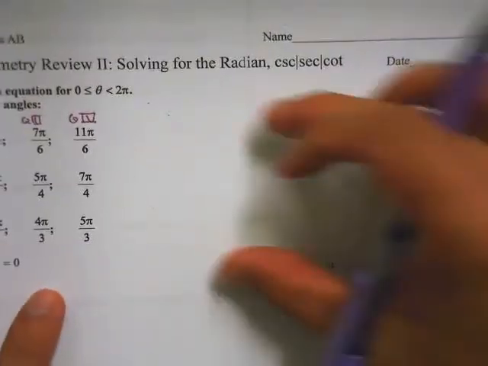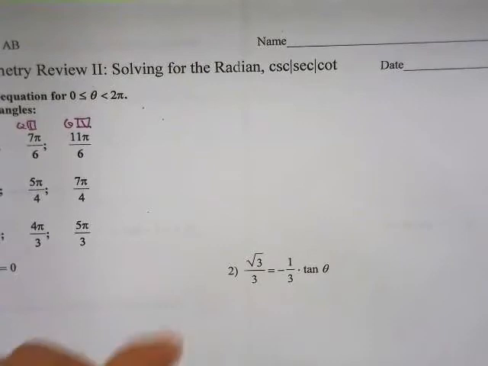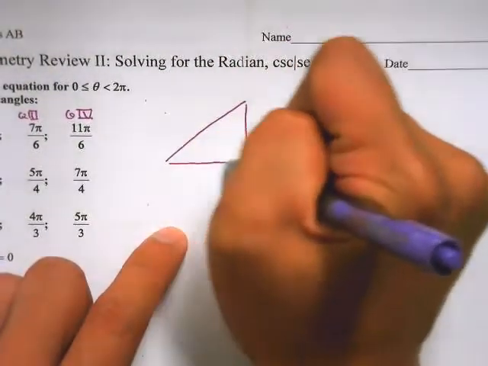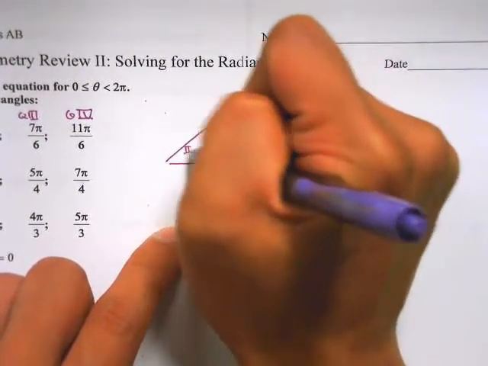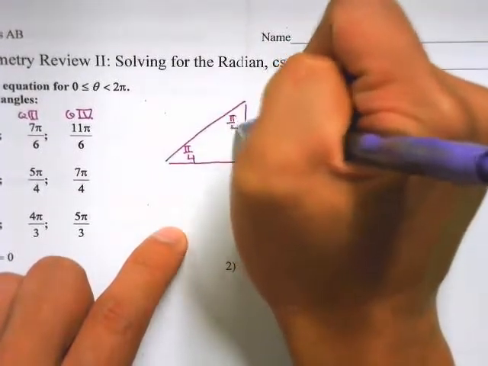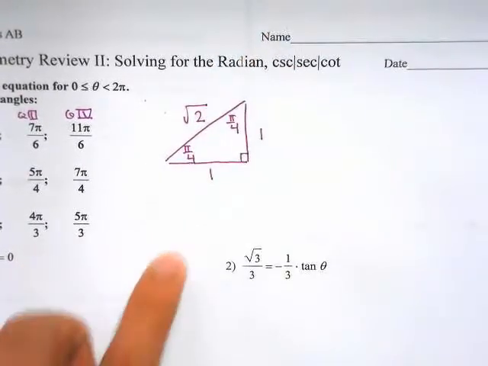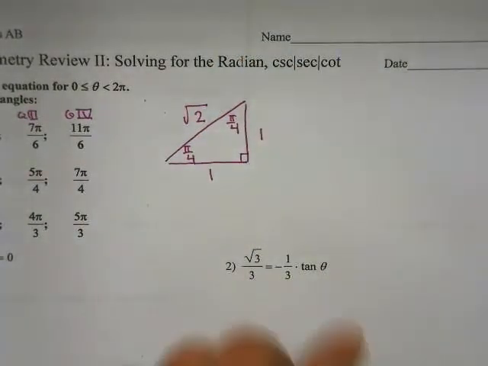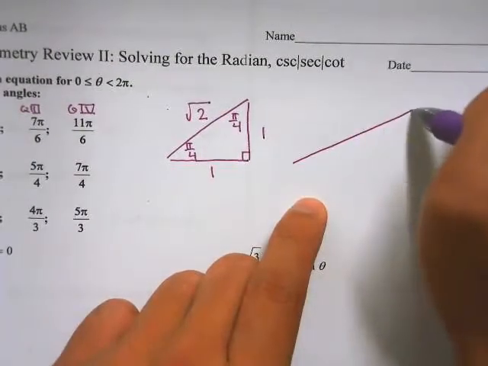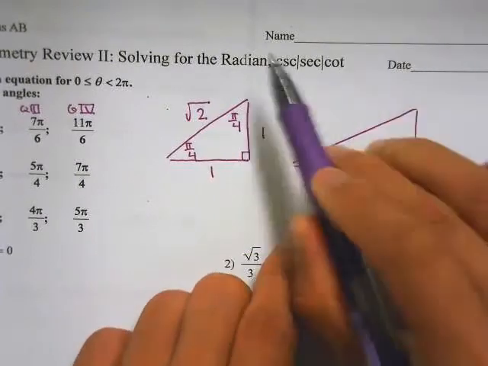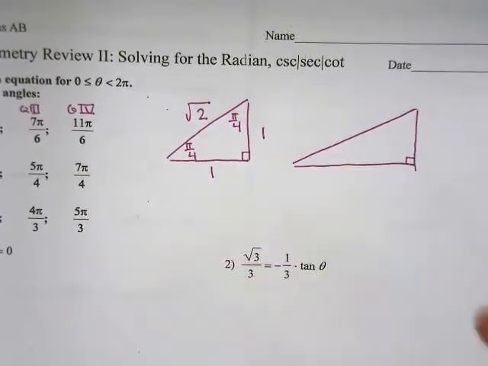Okay, so we're going to use all of this. I'm also going to draw my special right triangles, the two of them: the 45, 45, 90, and the 30, 60, 90. So pi over 4, pi over 4, and their basic unit lengths are 1, 1, square root of 2. This is going to help me especially when we do the other three, cosecant, secant, and cotangent.